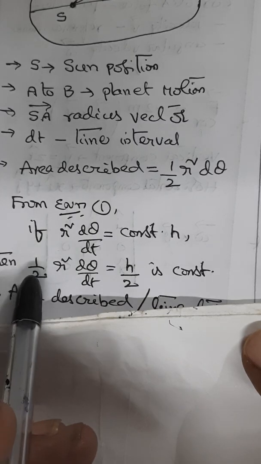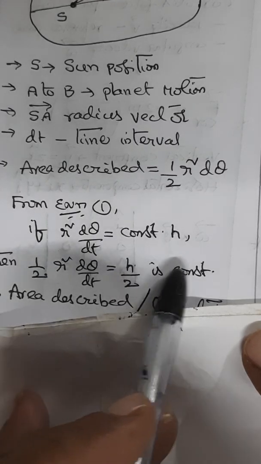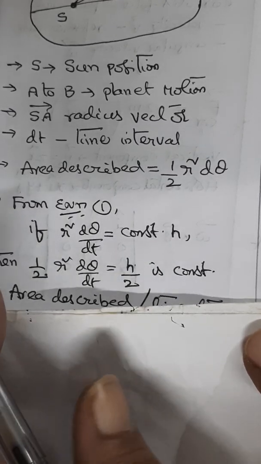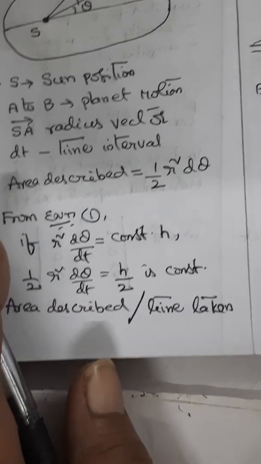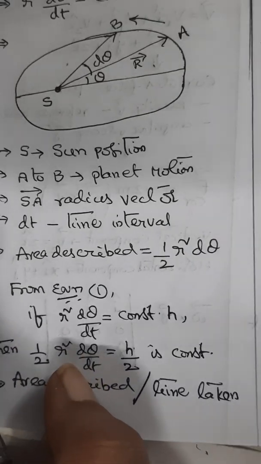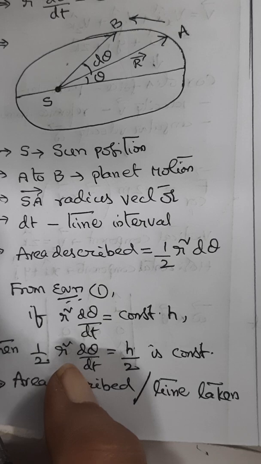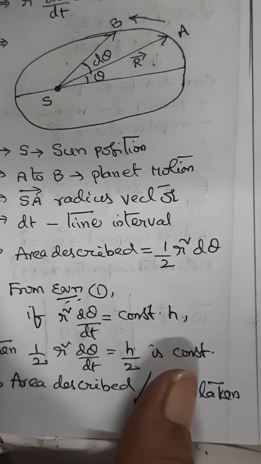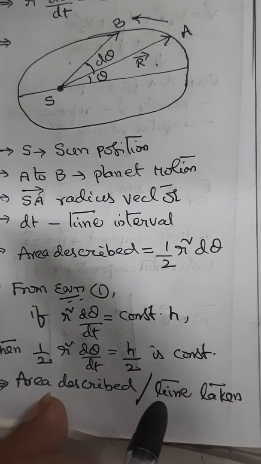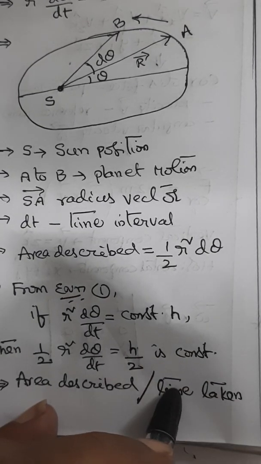Then 1/2 r² dθ/dt is h/2, which is also constant. This is the area described by time taken, which is the areal velocity. So the areal velocity of the planet around the sun is constant.